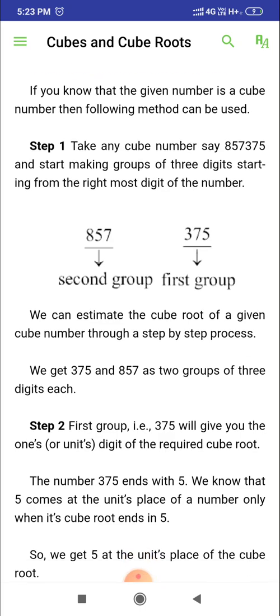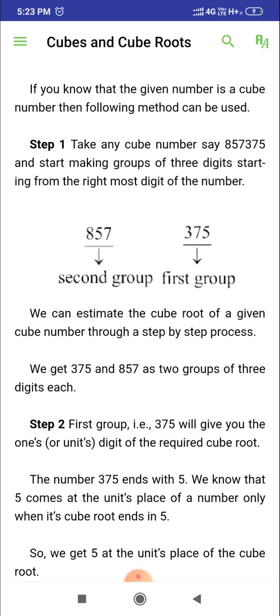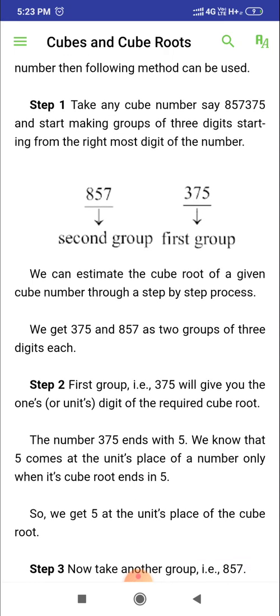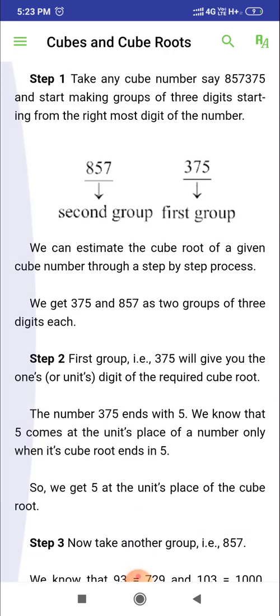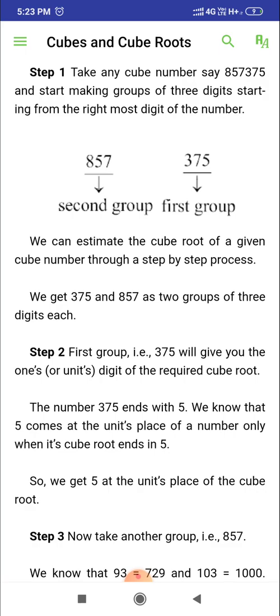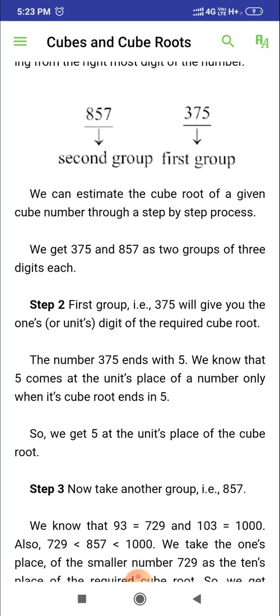So we have two groups: the first group is 375 and the second group is 857. From here we can estimate the cube root of a given cube number through a step-by-step process.